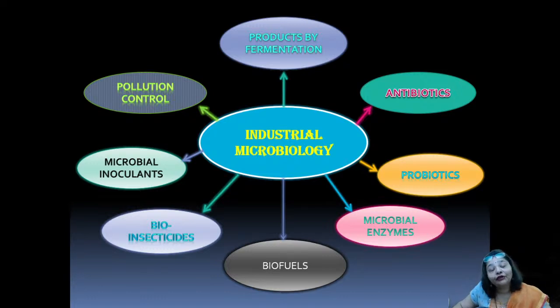Not only that, we also saw organic acids and vitamins, different substances which were produced by microbial processing, and their uses and roles. Am I right? Now, today we are going to deal with other uses of microorganisms under industrial microbiology as well as applied microbiology. So let us start.